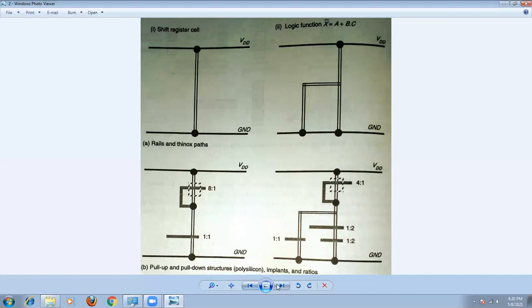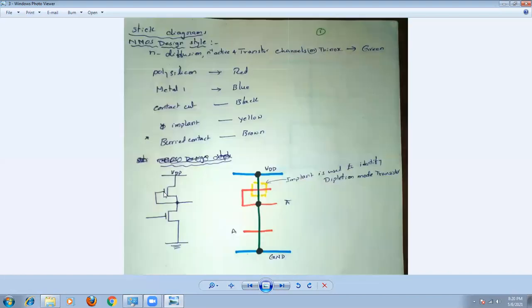Similarly, now just observe here. This is the gate of the transistor. From the gate of the transistor, this point is connected to the source of the enhancement mode transistor. Polysilicon is used to identify the gate, right?